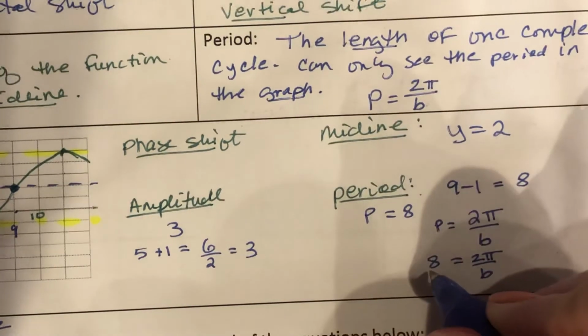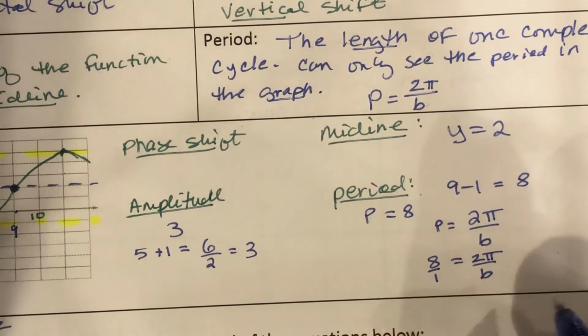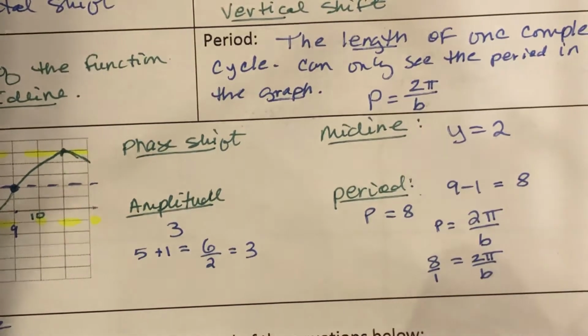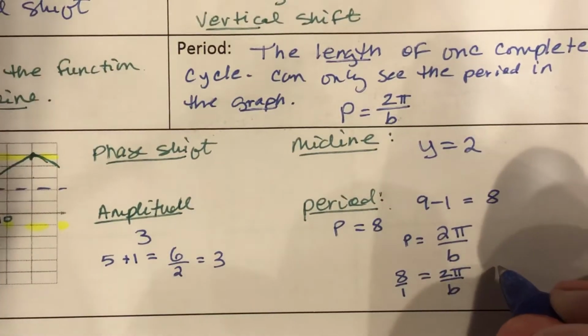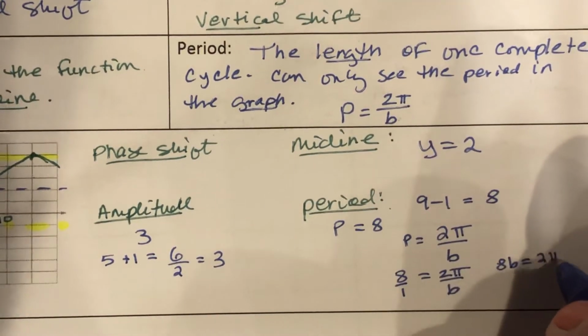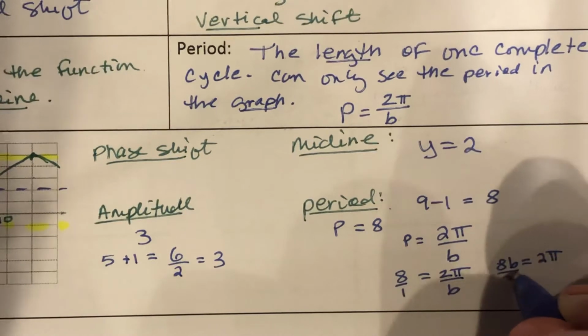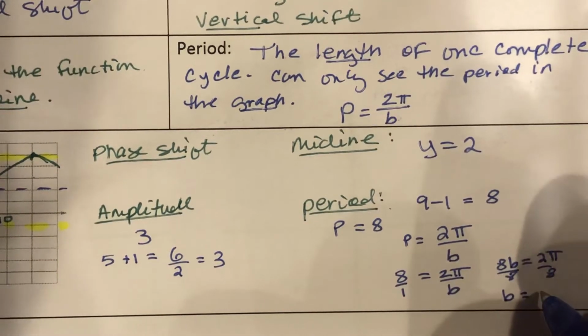Now we solve for b. You can put 8 over 1 if that helps you. So we have 8b equals 2 pi, and divide both sides by 8. So b equals pi over 4.